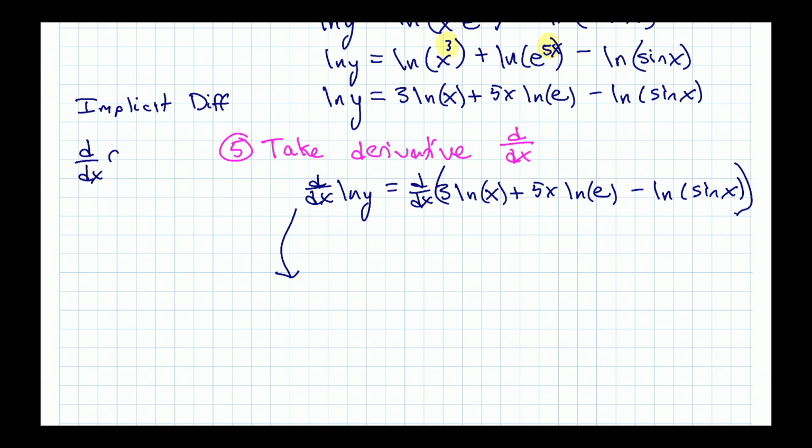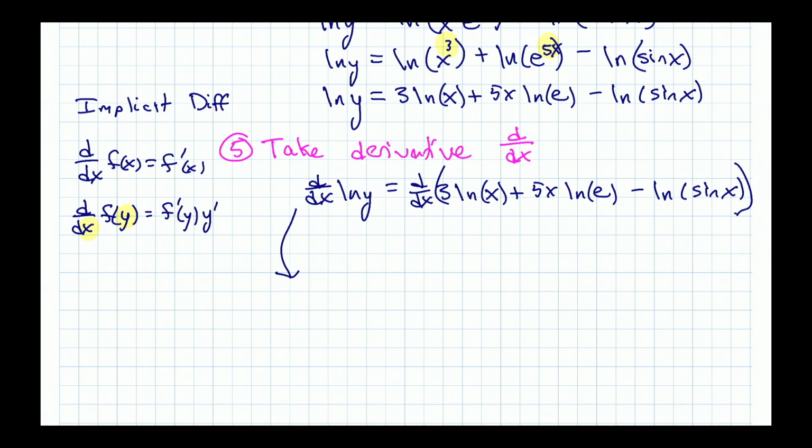The derivative of a function of x is just the derivative of a function of x. The derivative with respect to x of a function of y, or any other variable, right? So the point is that this variable and this variable are different variables. You take the derivative like normal, and then you have to multiply by y prime. And that's just the chain rule, but when we do it like this, we call it implicit differentiation.